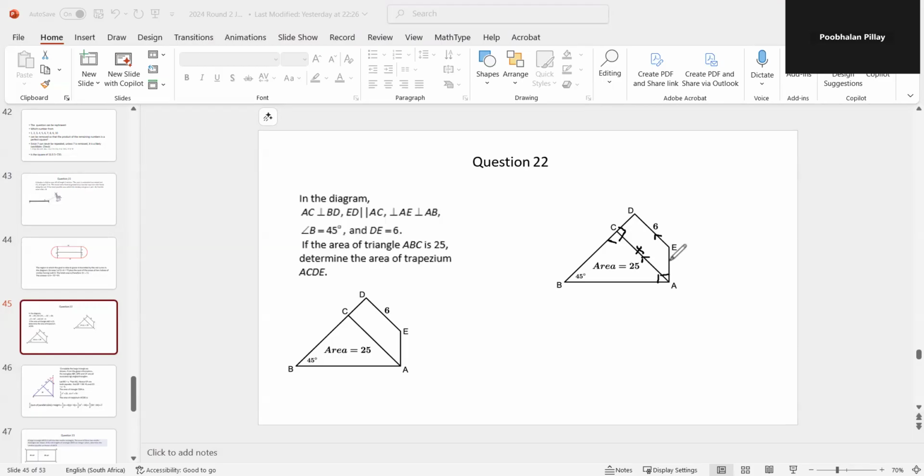Right? And then the required area is equal to half the sum of the parallel sides, X plus 6, times the height between these two parallel lines. And the height is here.